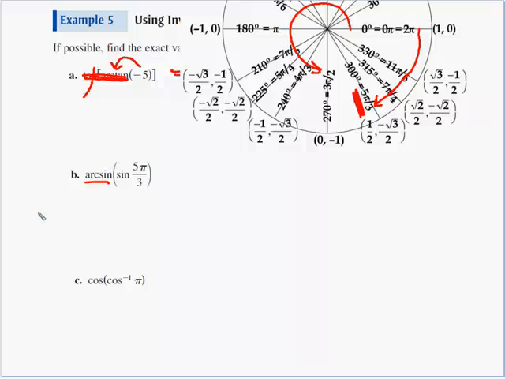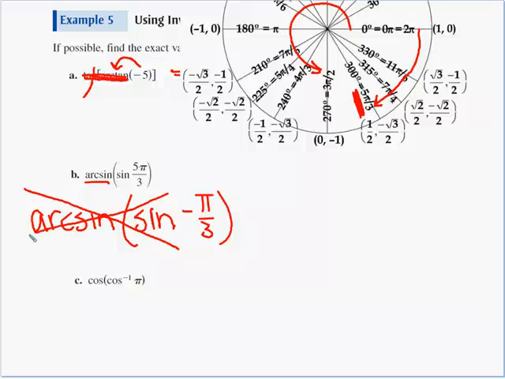So I could rewrite this as the arc sine of the sine, replacing 5 pi over 3 with negative pi over 3. Now our angle is in the interval positive to negative a half pi. Sine and arc sine will invert each other away, and our answer is just negative pi over 3.